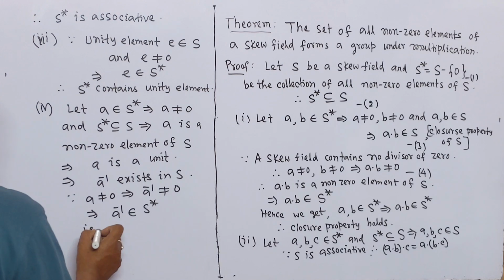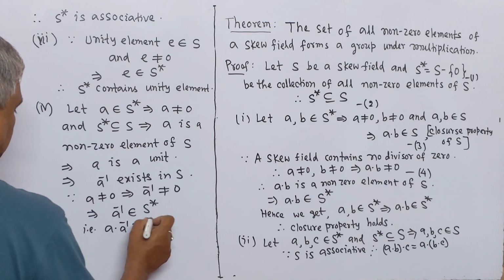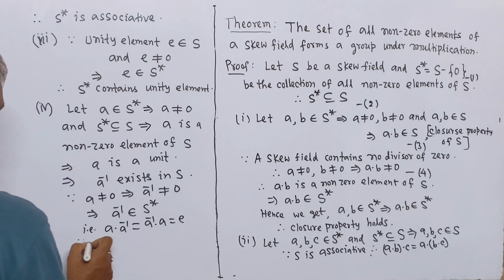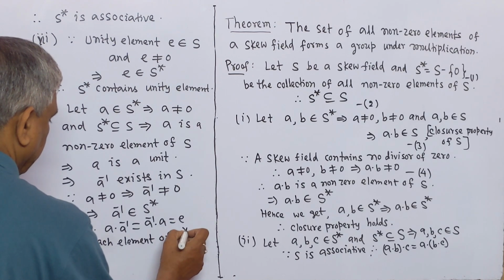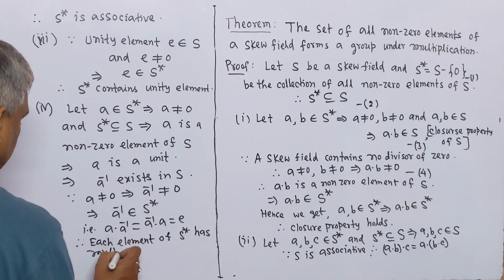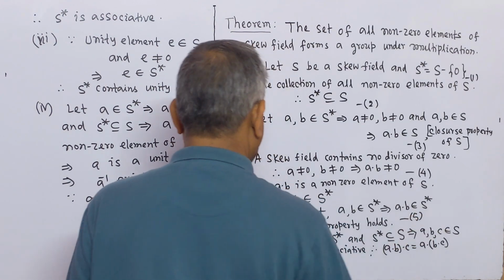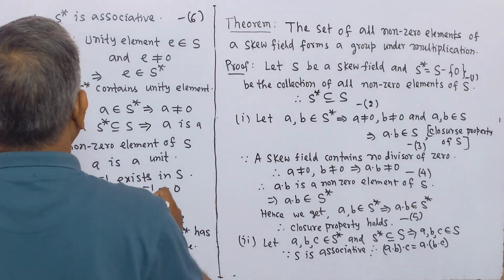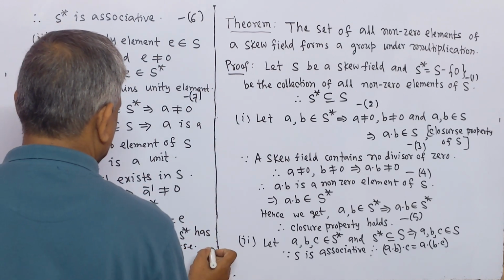That is, A multiply A inverse equal to A inverse multiply A equal to unity element. Therefore, each element of S star has multiplicative inverse. This is number 5. This is number 6. This is number 7. And this is number 8.